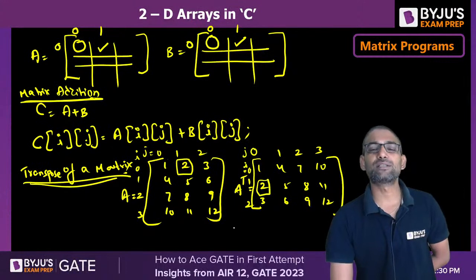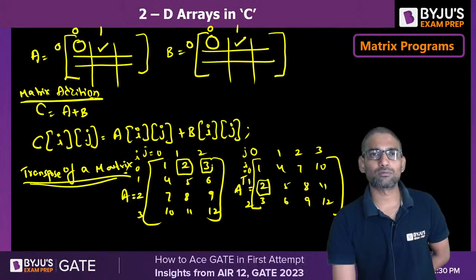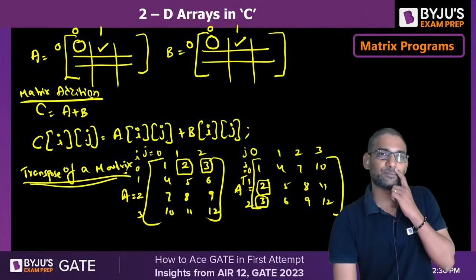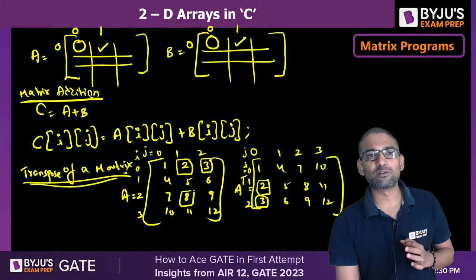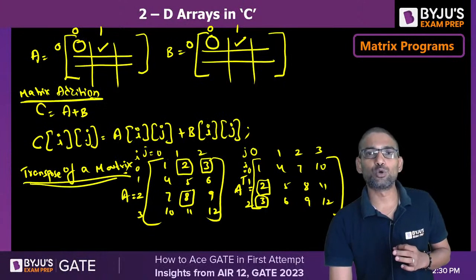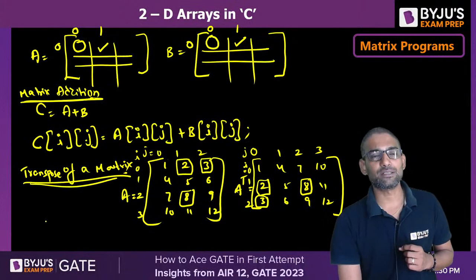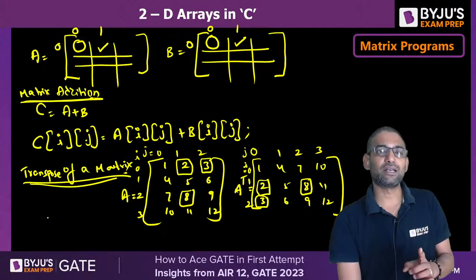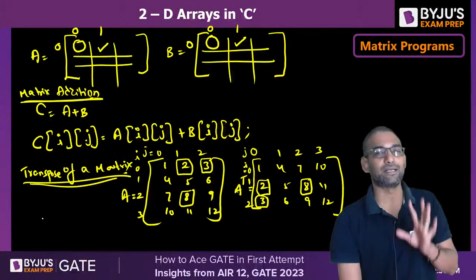In the 1,0 position. The 0,2 position of A is coming to the 2,0 position. Similarly, row 2 column 1 value is becoming row 1 column 2 value. That means the IJ index is coming to the JI index.